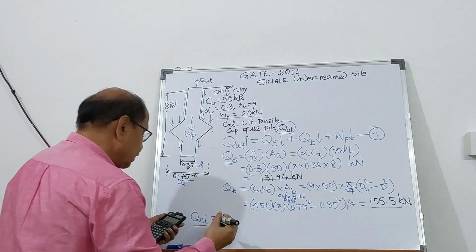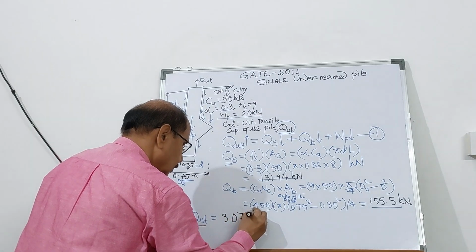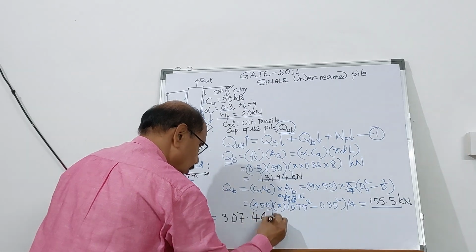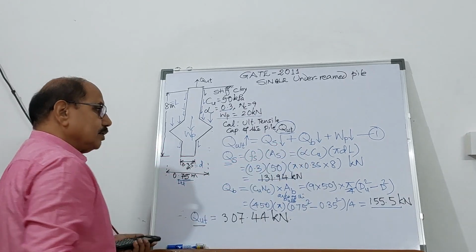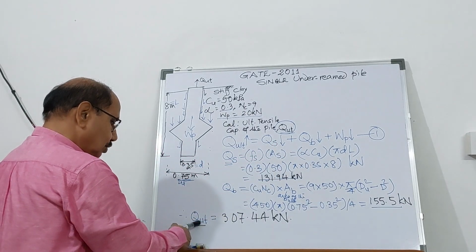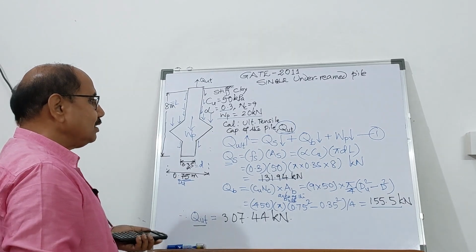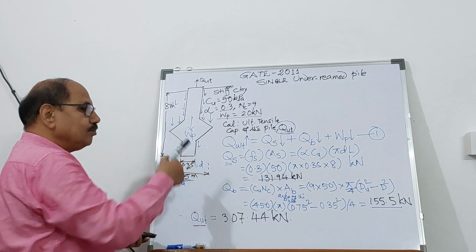This gives you 307.44. So on substitution in equation 1, you can get the value of tensile capacity ultimate of the underreamed pile.